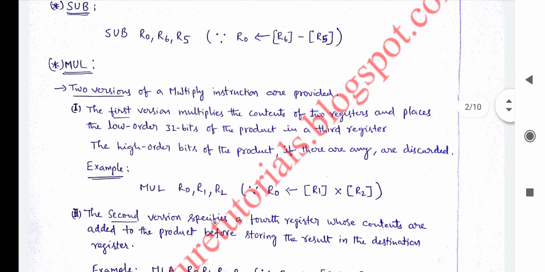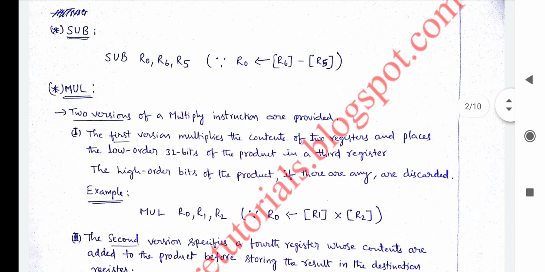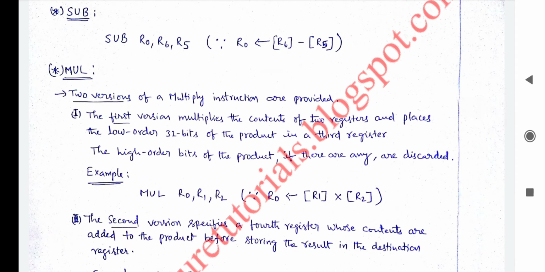Then comes subtraction. Subtraction means SUB. The opcode used for subtraction is SUB R0, R6, R5.